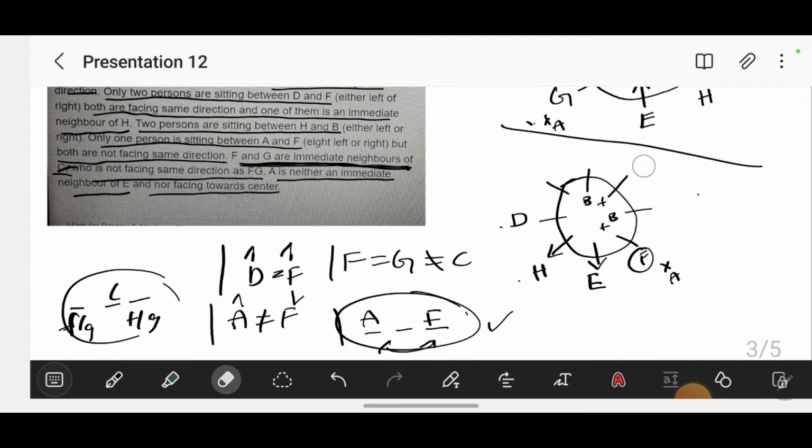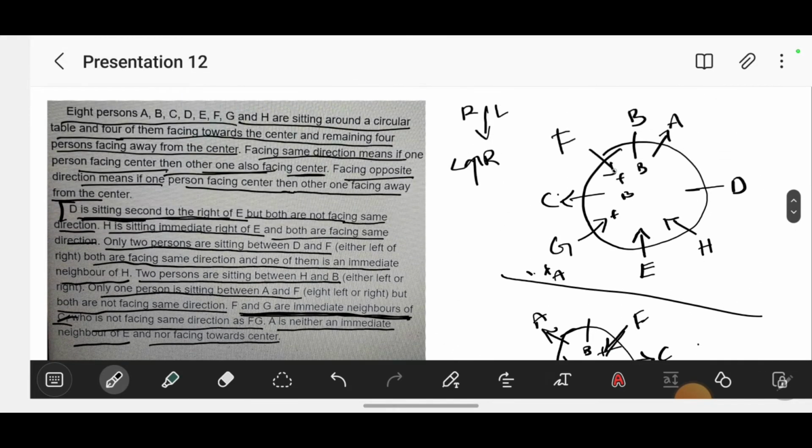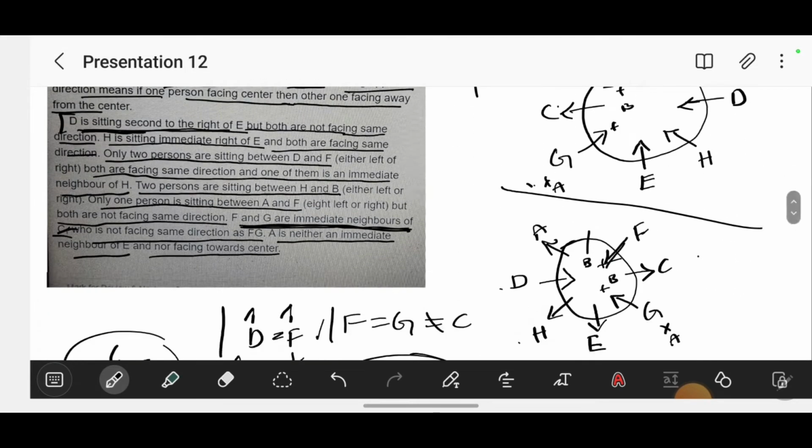So take F here, and A here, and C and G here, and C, F, A face opposite to center, and F opposite to A, so inverse. G also equals F, and C is opposite to this, so this happens, okay? And he is saying D and F are facing the same direction, so F is facing in, D faces in, right?